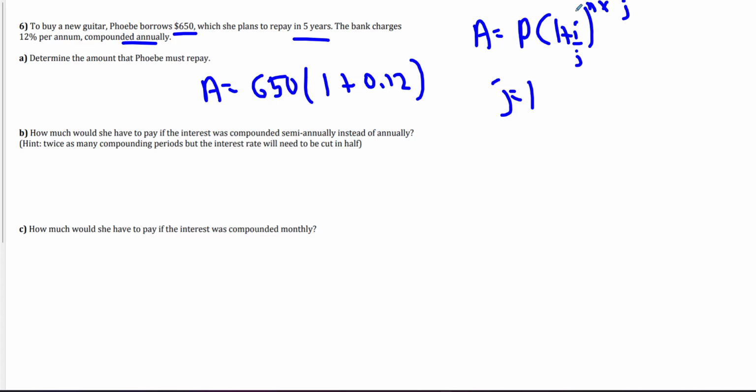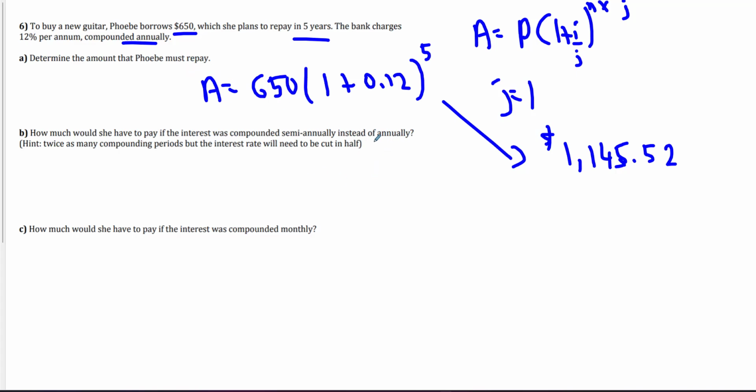My N value is 5 years, and it's 5 times 1, so once again it doesn't do anything. If you plug this into your calculator, don't forget to do the brackets first. So 1.12 to the power of 5 times 650. She will owe $1,145.52. That's if it's compounded annually.